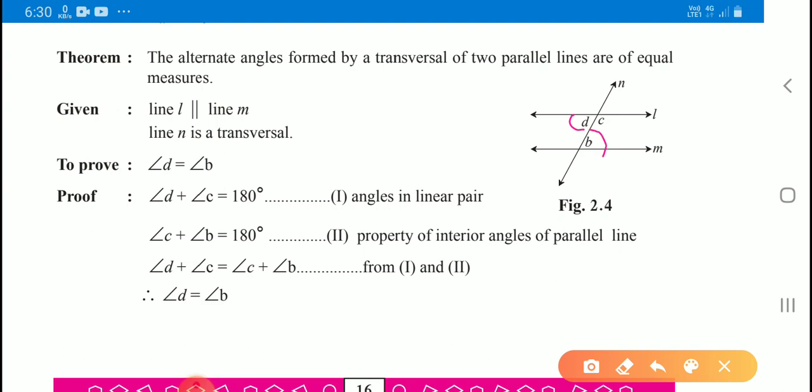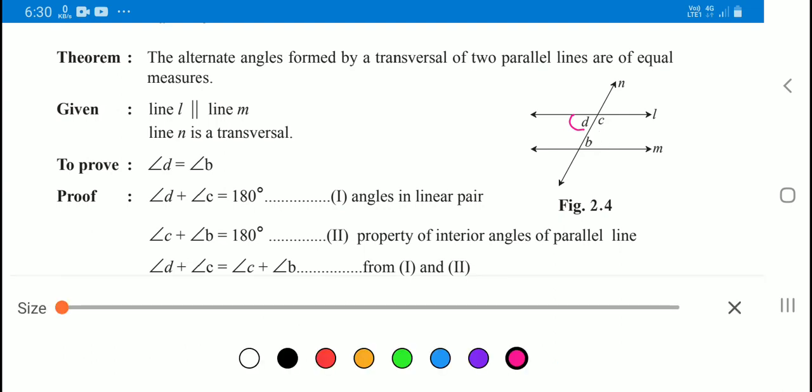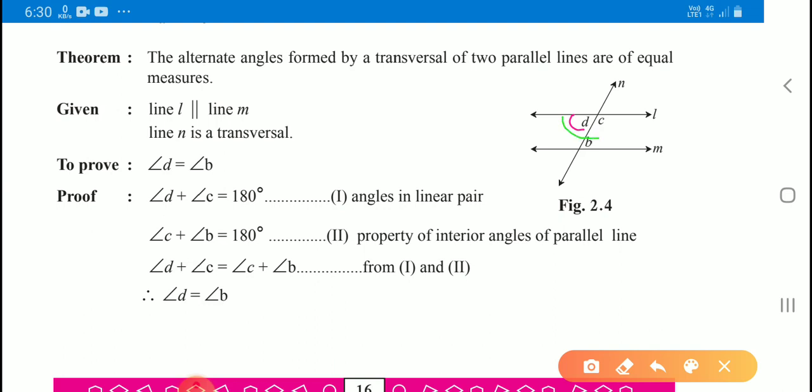Now you can see again the angles D and C form a linear pair. So angle D plus angle C is equal to 180 degrees. Next, you can see angle C and angle B. Which type of angles are these? Interior angles. You know that the pair of interior angles formed by two parallel lines and a transversal is supplementary.